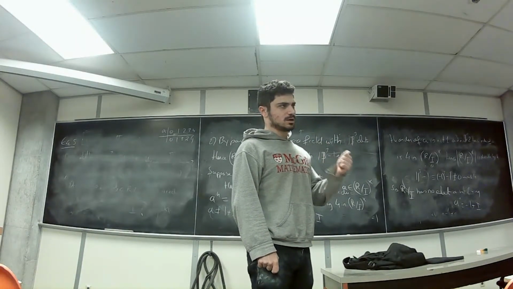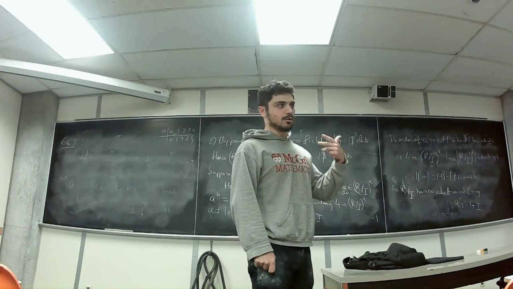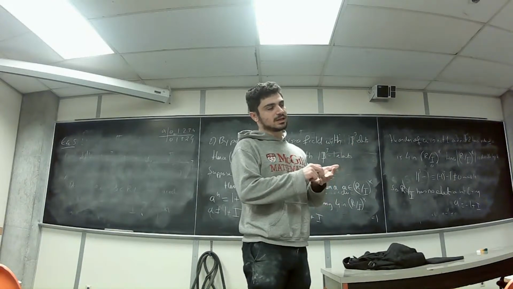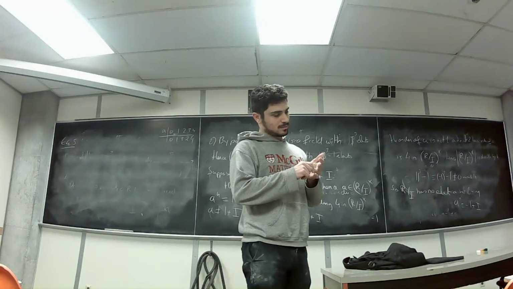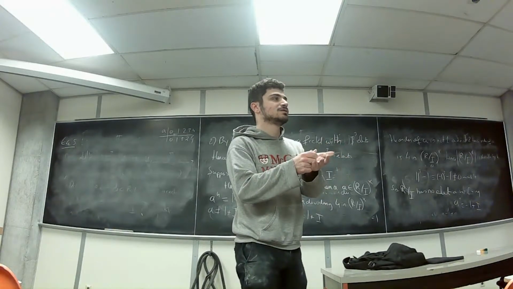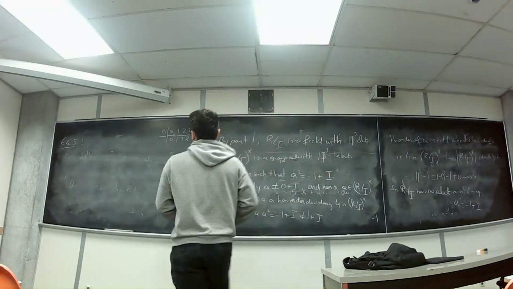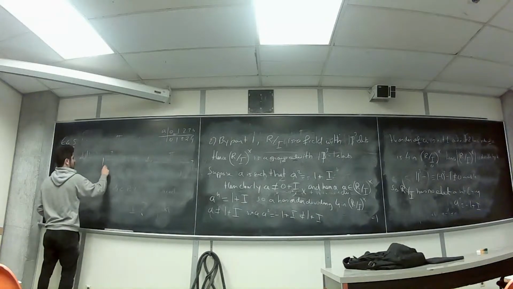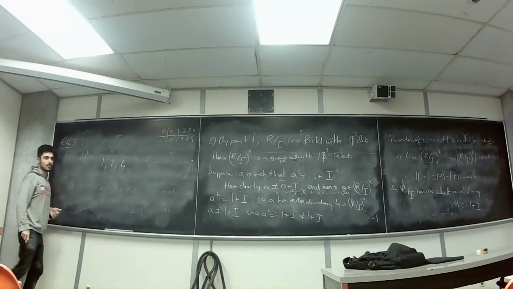So it must have size 1, 2, 4, or 8. Okay, 8 you can eliminate, because the identity is alone, so you cannot have a conjugacy class of size 8. So the possible sizes are 1, 2, and 4.